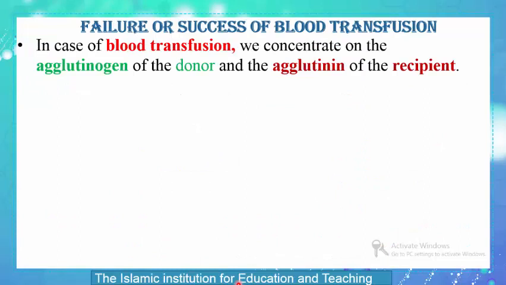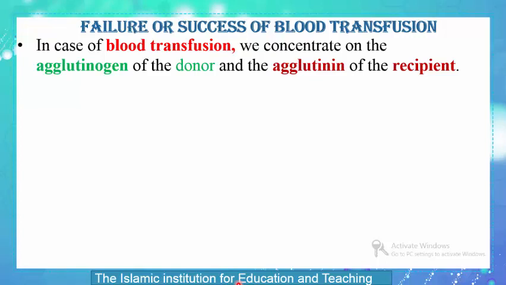In fact, whenever we talk about a blood transfusion, we concentrate on the agglutinogen, meaning the antigens existing on the surface of the red blood cell of the donor, and the agglutinin, meaning the antibodies in the plasma of the recipient.